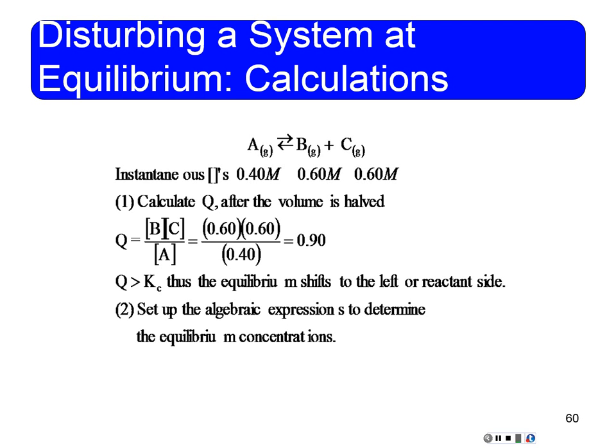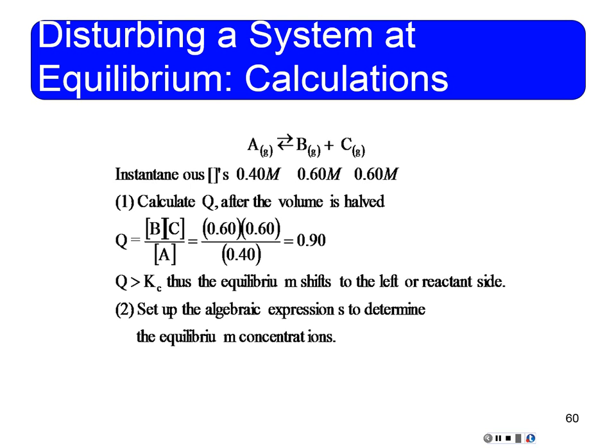Everybody with me so far? We were given Kc, we found Q by doubling the concentration because we halved the volume, and now we compare Q and Kc, meaning our sign is going to be opposite in our ICE method. Now we're going to have positive reactant because it's driving this way, and we're going to be losing product, which is generally not really what you want in most cases.